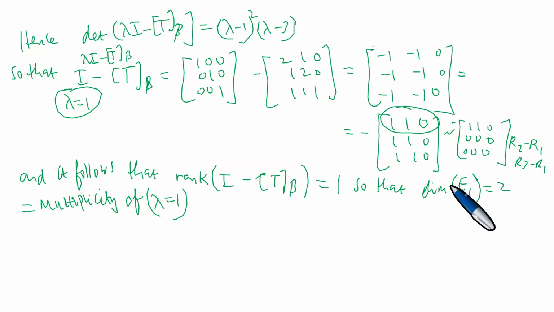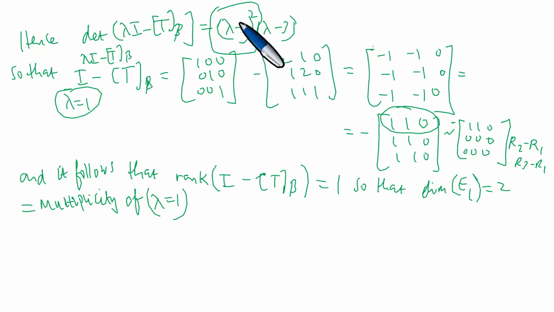But the dimension of the eigenspace is then 2. This dimension of the eigenspace means the eigenvectors; you count them, there are two of them. The multiplicity of lambda equals 1 is the power in the characteristic polynomial, so it is 2.